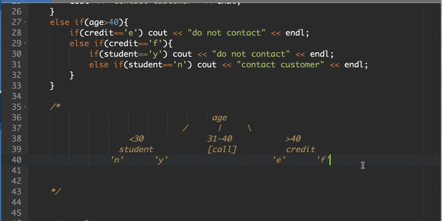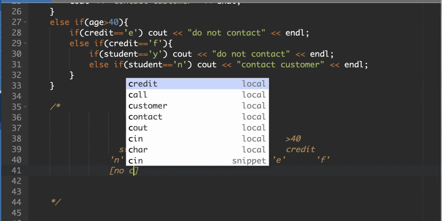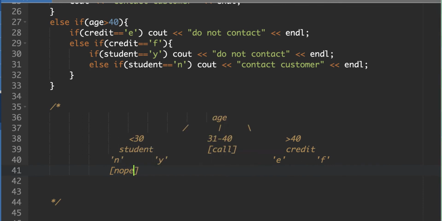Now, going down from here, if they are not a student and they're under 40, no call. Let's just abbreviate this as nope because it'll be a little bit easier to write. If it is a yes, then this will be a call scenario.